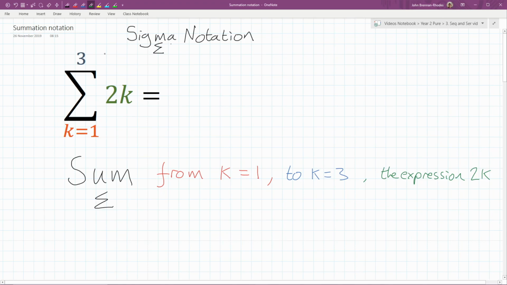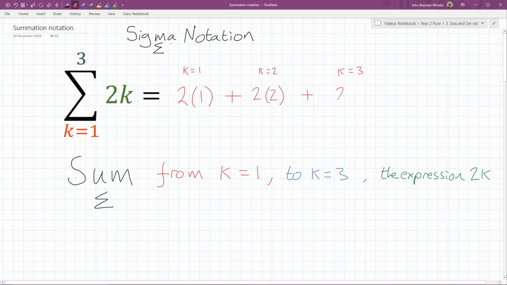Now what you do is you in turn substitute values of k from 1 up to 3 into the expression and then add them all up. So we could start with k equals 1. If I put k equals 1 into that term, then I get 2 times 1. And now I add to that what happens when I put k equals 2 into that expression. So that's 2 times 2. And I add to that what happens when k equals 3.